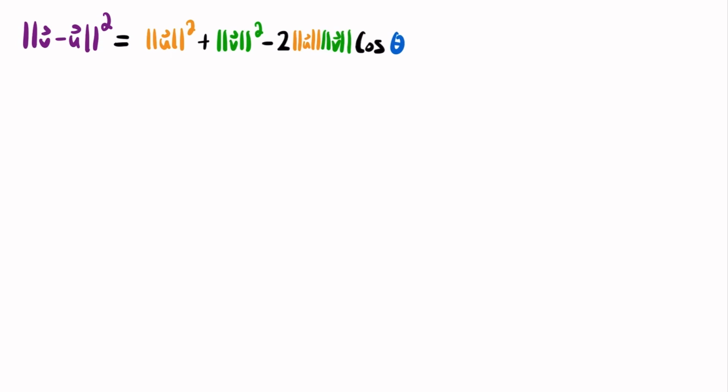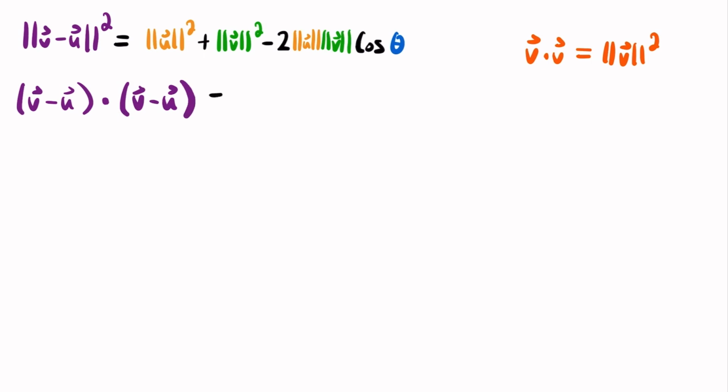If you remember from a previous lesson on the dot product, we said that the dot product of a vector with itself is equal to the magnitude of that vector squared, right? So if we have the magnitude of vector v minus vector u squared, that's going to be the same as the dot product of that vector with itself. So that will look like this. We'll have vector v minus vector u multiplied by itself via the dot product. And that's still going to be equal to all of these terms.